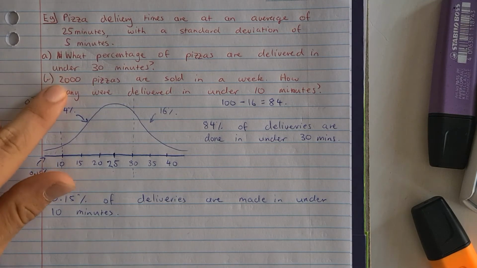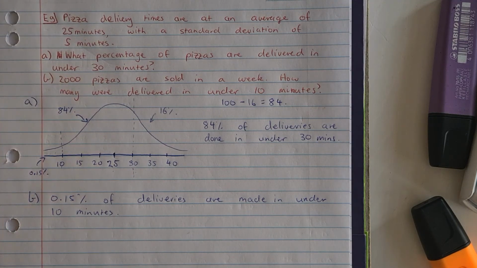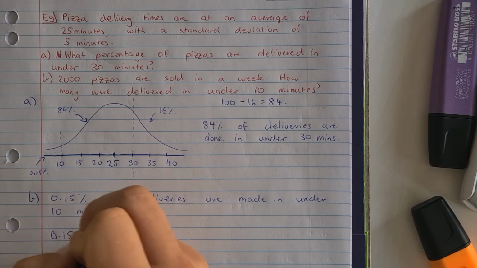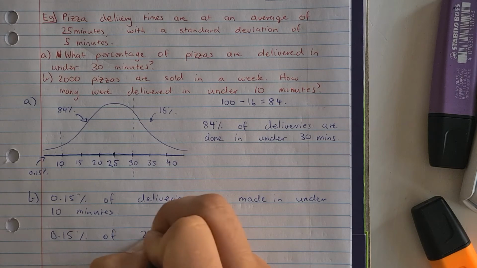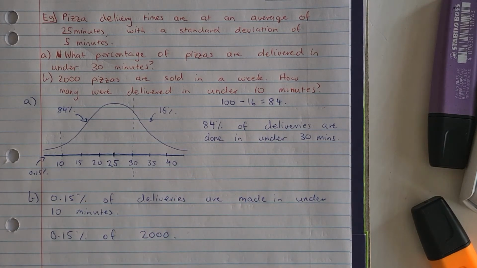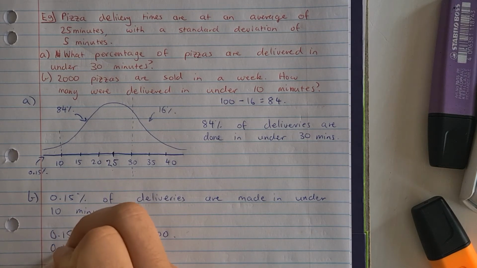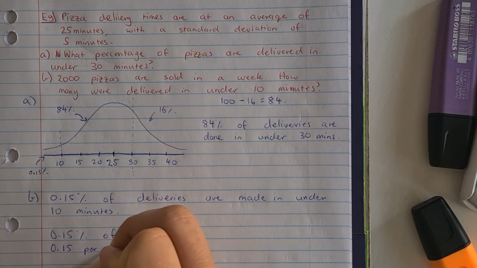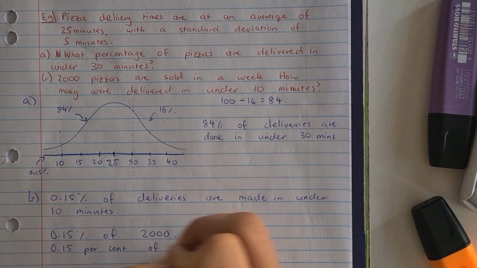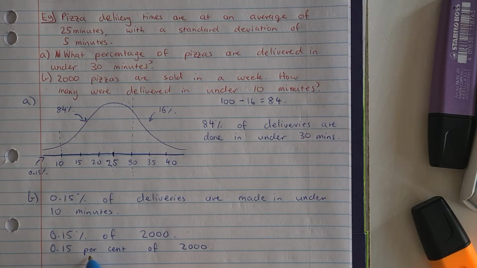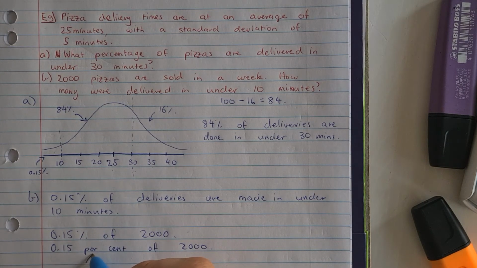We've got 2,000 pizzas in total. So what we need to work out is what is 0.15% of 2,000. So how do we work this out? Well, what I like to do is, if I write this out in words, we've got 0.15% of 2,000. Now, you can think of per as divide and cent as 100.